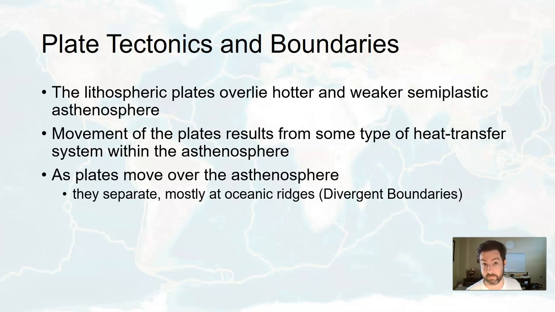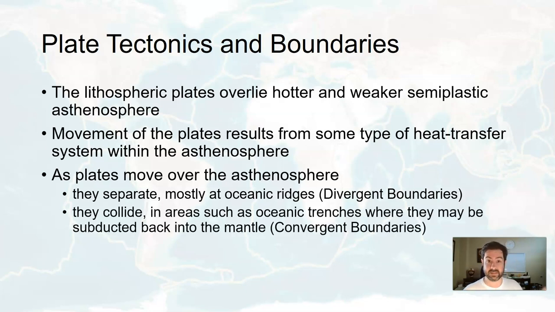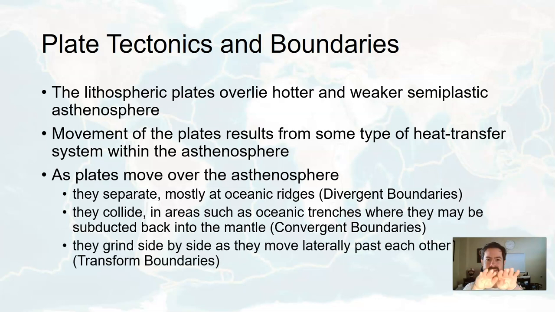Those are known as divergent boundaries. Sometimes plates crash into one another, such as in oceanic trenches and other places. That's known as convergent boundaries. And sometimes plates grind side by side as they move laterally past each other. Those are known as transform boundaries, where the edges slide past each other.